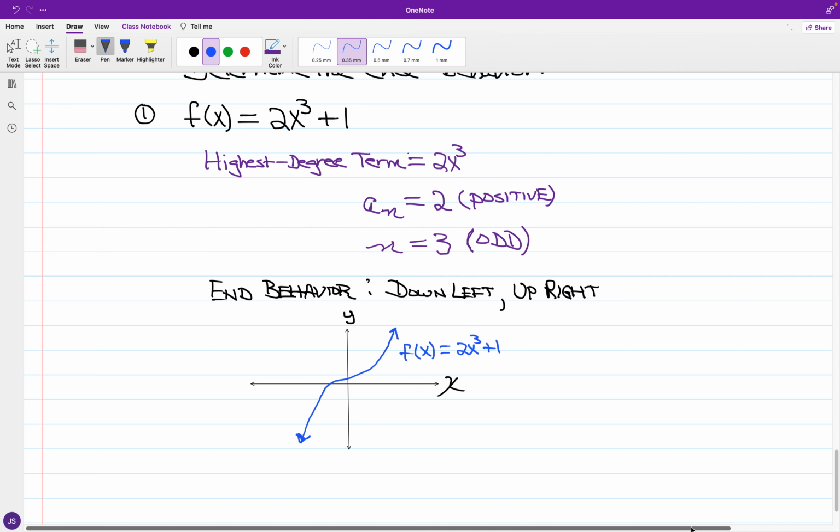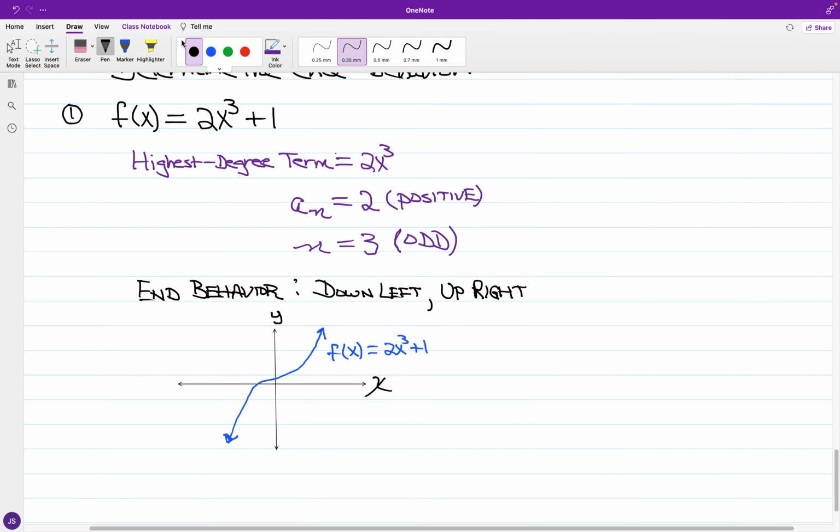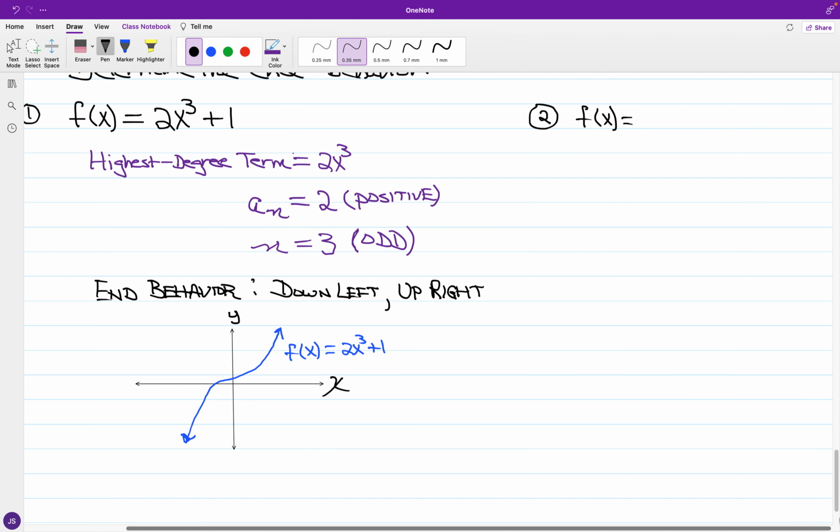Now let's say I have another polynomial function, and I'm also going to have this in expanded form. We'll say that we have f of x equal to negative 5x to the fourth plus 2x plus 1.